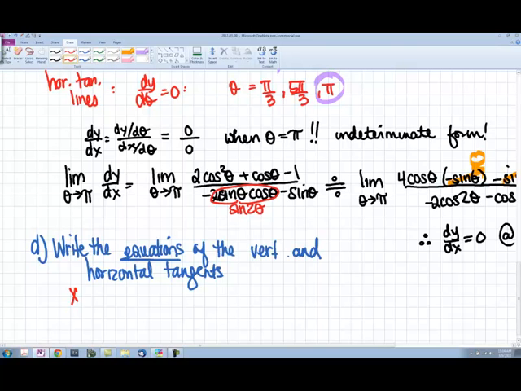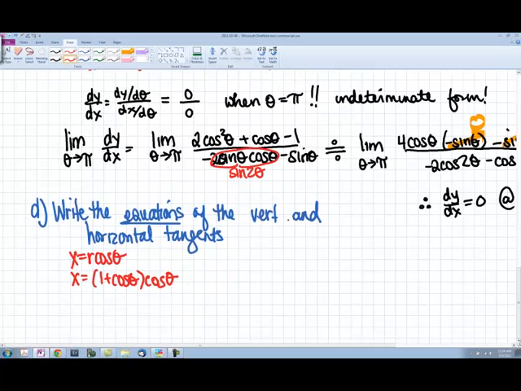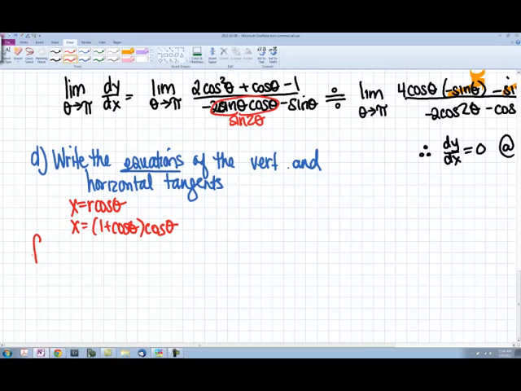So since we know x equals r cosine θ, so x is 1 plus cosine θ times another cosine θ, I want us to find x when θ is 0, 2π, 2π/3, and 4π/3. This will give us our vertical tangent lines.